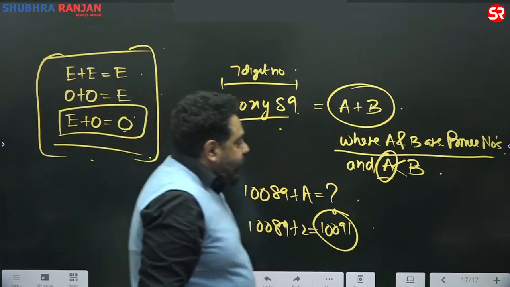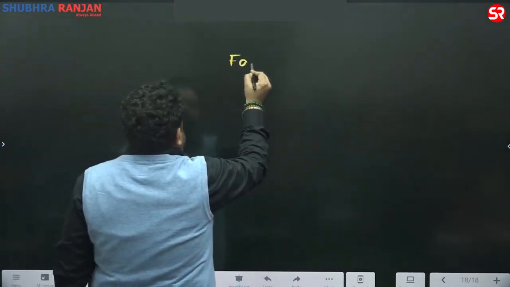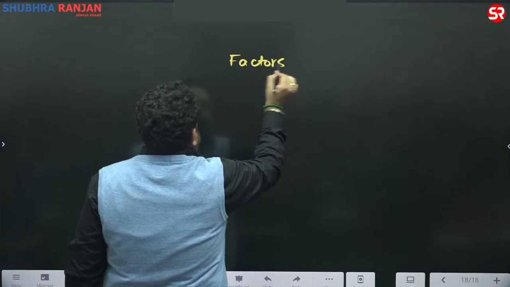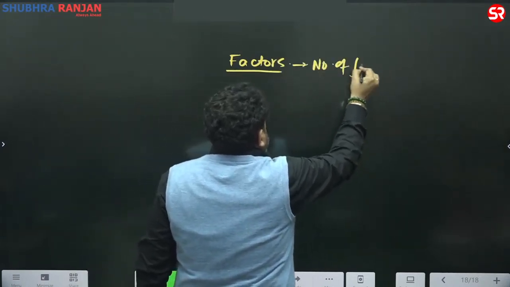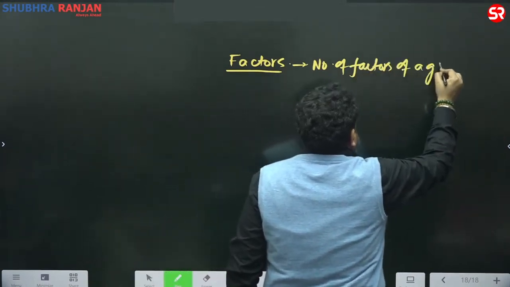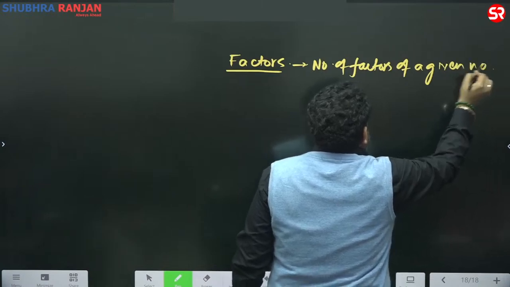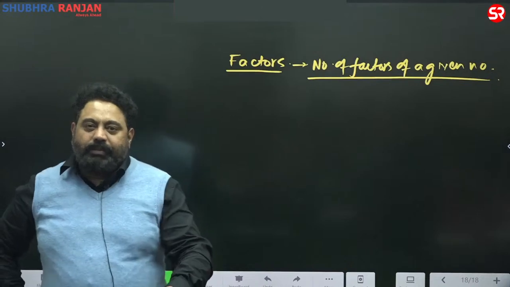Good. Now, why are prime numbers important? Why are we doing this? It is important for one reason: factors. Number of factors of a given number.